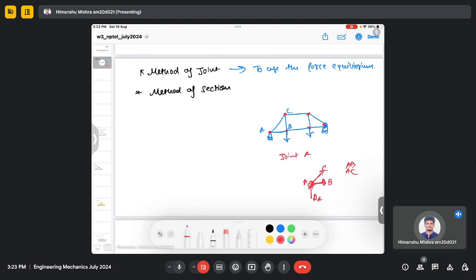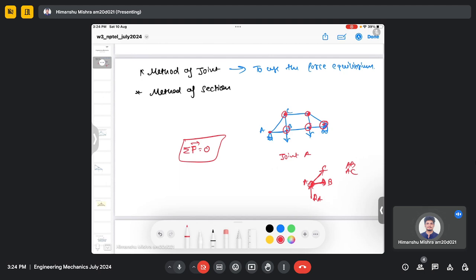So for this kind of forces, you need to use the equilibrium force equation, where you take the summation of forces in the x and y direction and equate it to 0 because the system is in equilibrium. And then you keep considering all the joints in this problem and use this same equation to calculate the force in the unknown members.